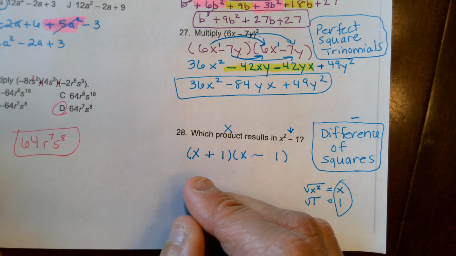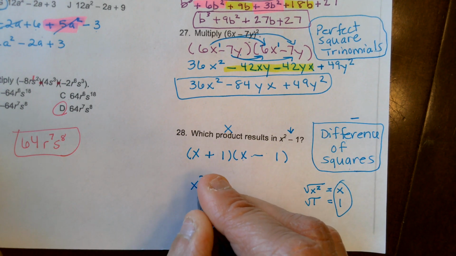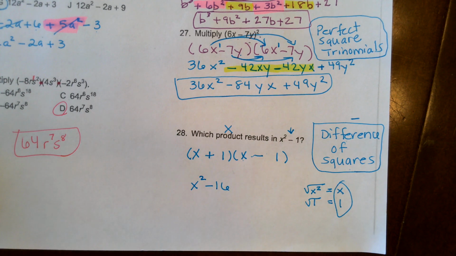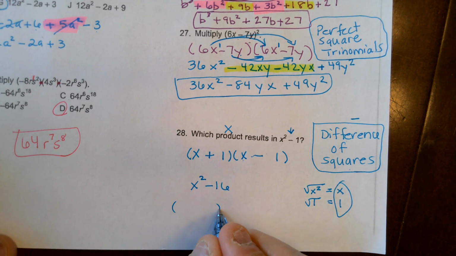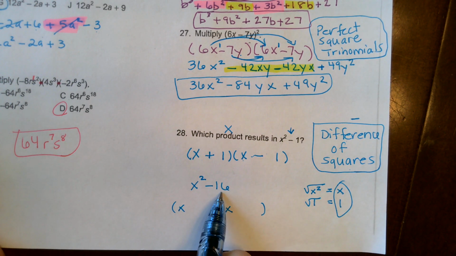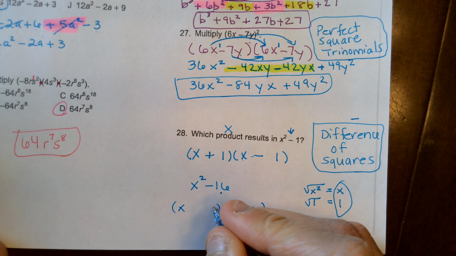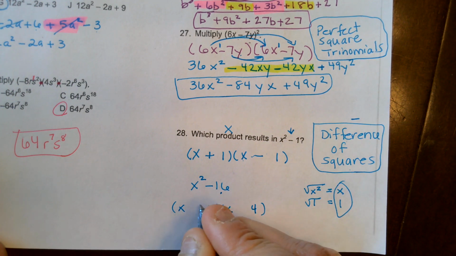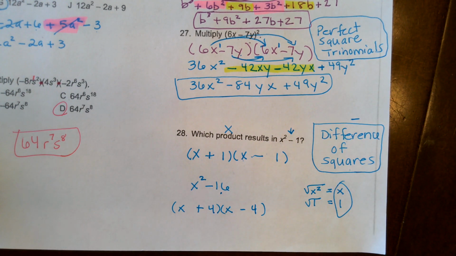Okay, so let's just do one more. If I had x squared minus 16, that's another example of one. Because I can split it up again. X, what's the square root of 16? 4, 1's positive, 1's negative. I can do this all day long.